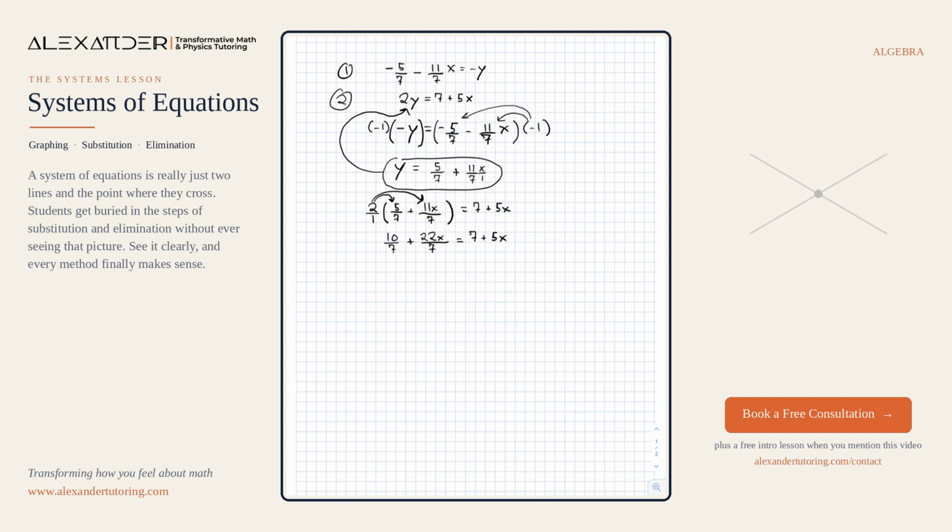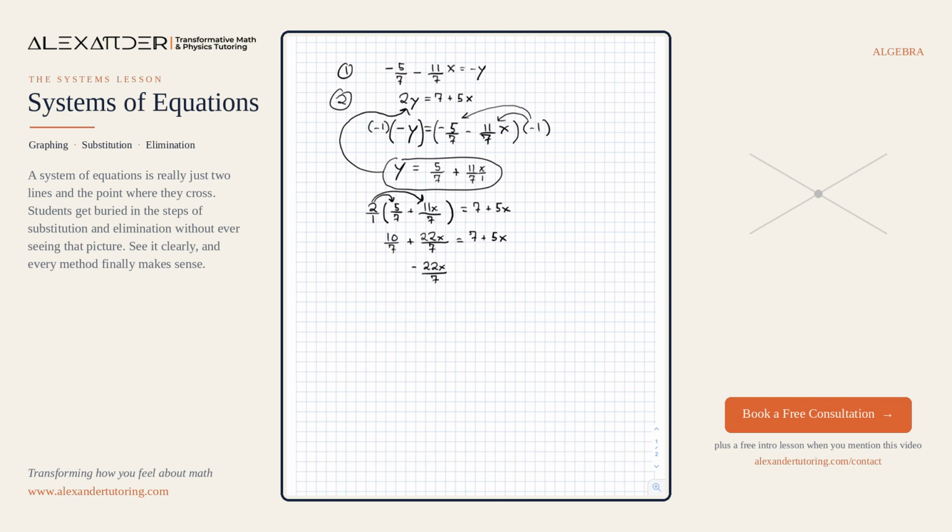And what you want to do is get all the terms with an x in it on one side of the equation and all the terms without an x in it on the other side. It doesn't matter which way you go, so I'll just pick a random side. I'll start with moving the 22 over 7x to the other side.